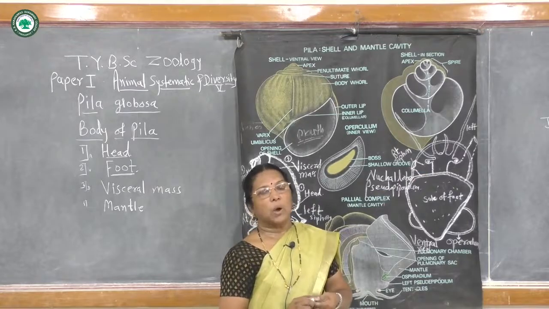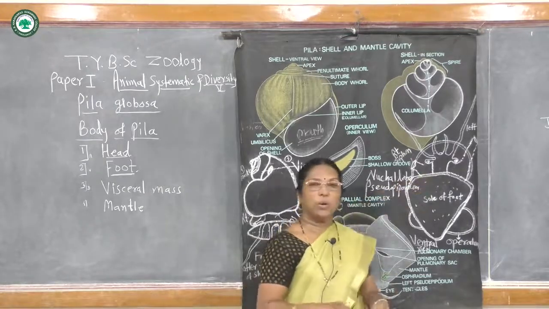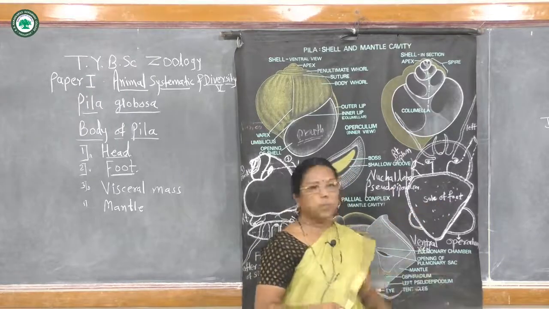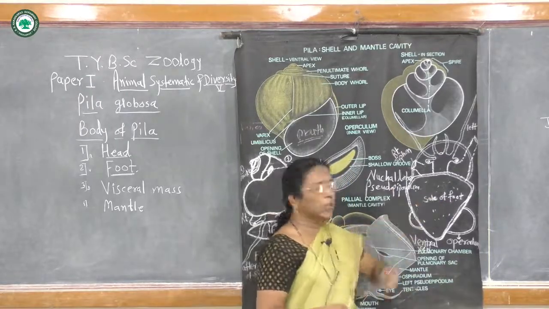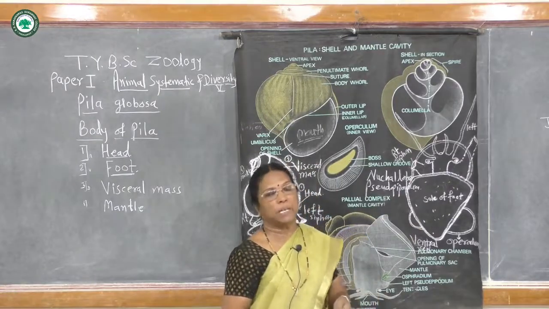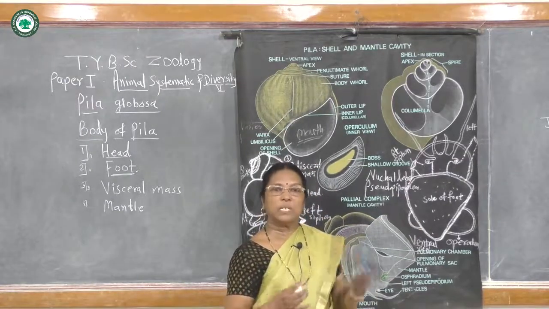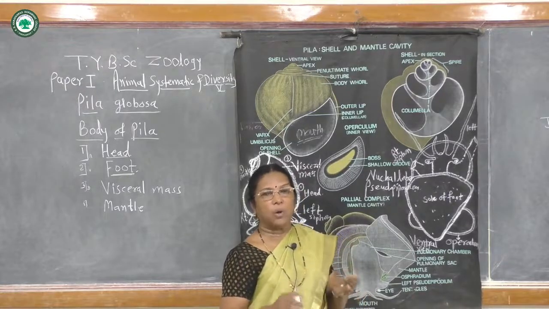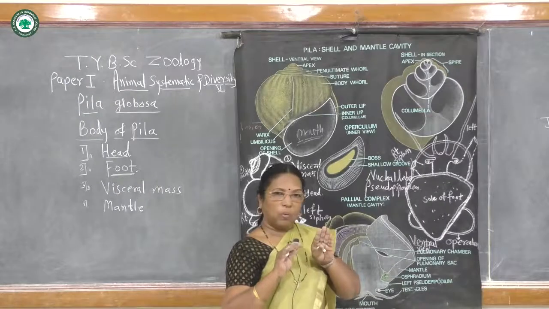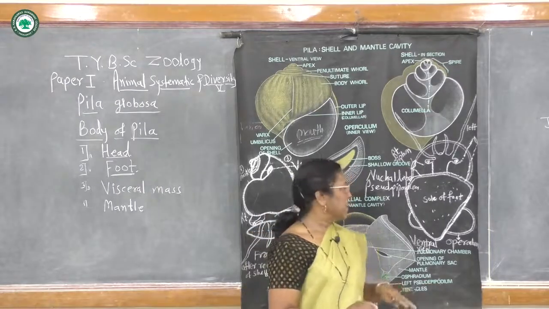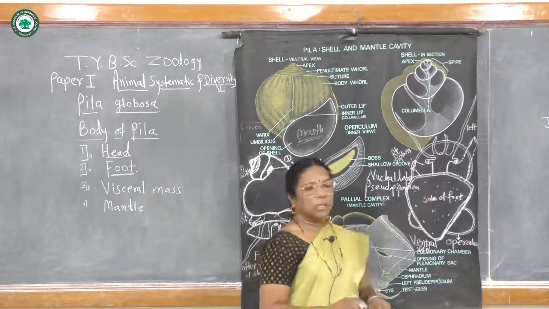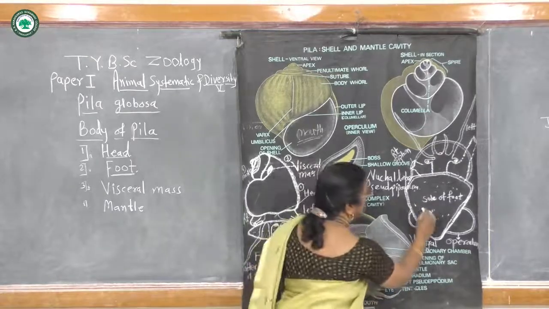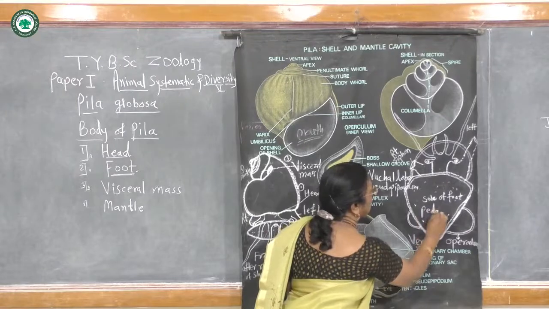The flat broad part of the foot, which is highly contractile and muscular, is called the sole of foot. This sole of foot is helpful for creeping, or it is applied to the substratum during locomotion, during gliding, or when the animal wants to walk on the substratum. The sole of foot bears the pedal gland.